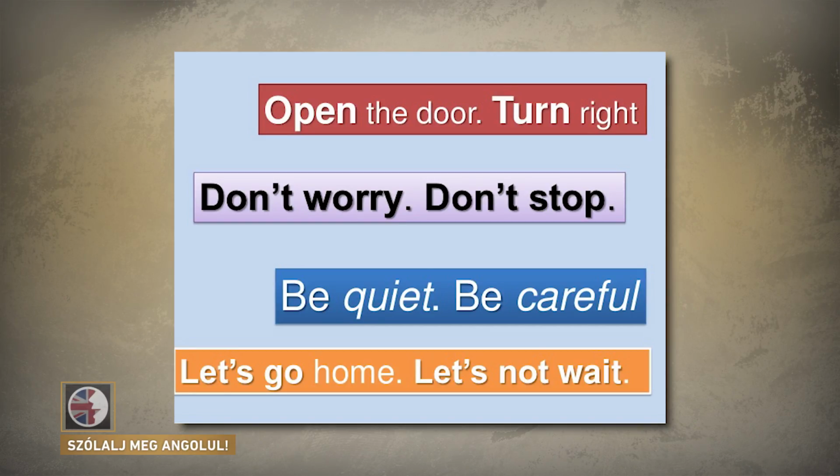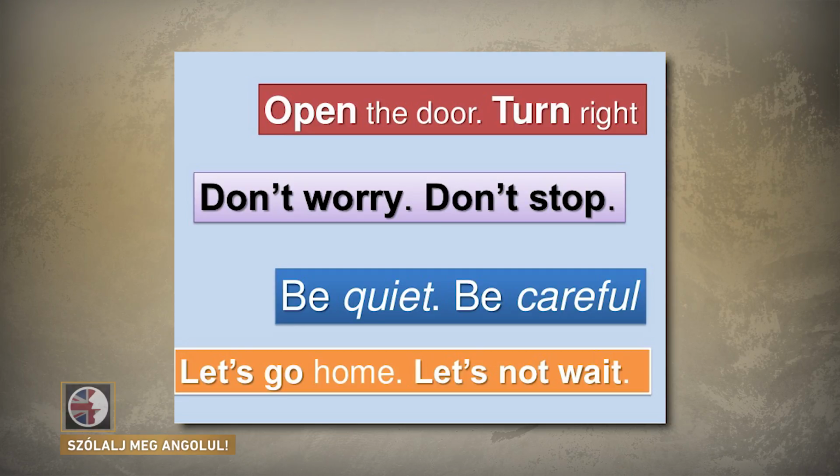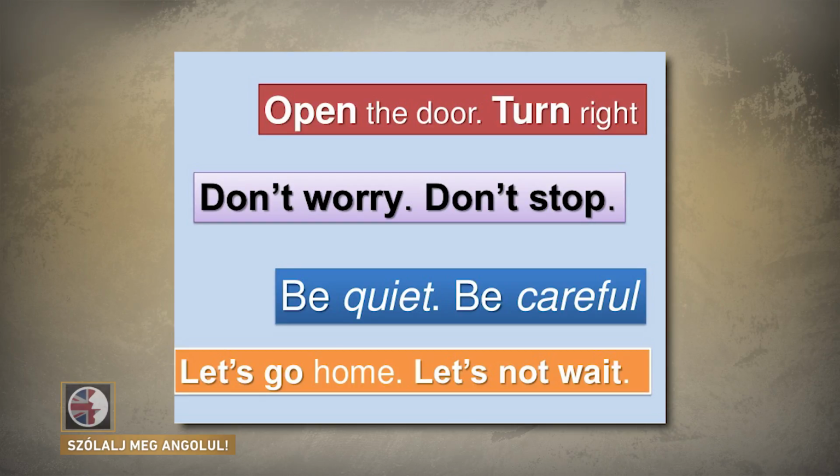Just before I gave the animals their orders, I also used the imperative, didn't I? In the sentence before I gave them their orders, I used the imperative. But this time, I used the imperative not to give orders, not to tell you what to do, but to make a suggestion. When we want to do this in English, we use the imperative with let's.